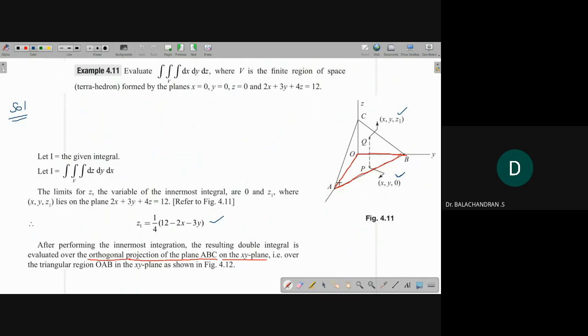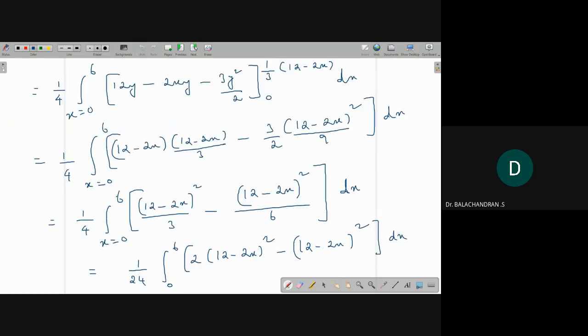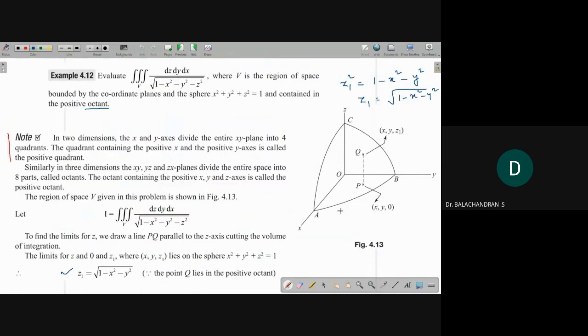The plane ABC on the xy plane. If you project, you will get only this portion. Similarly, project the sphere in the xy plane. You will get some region. So draw the region and find out the limits for y and x. Do it.